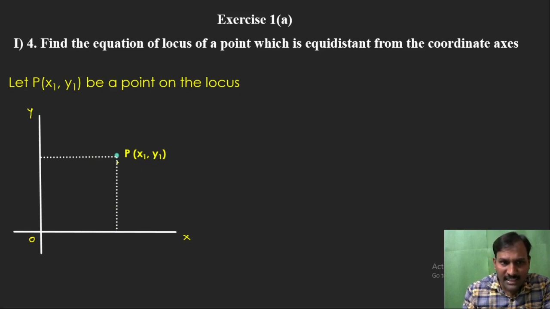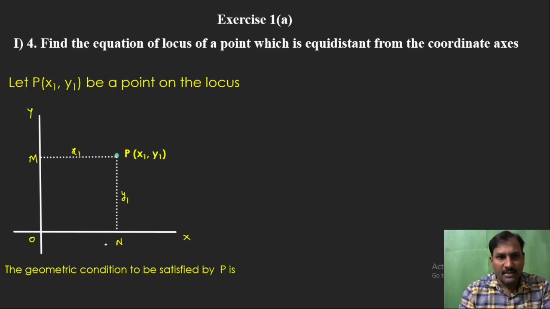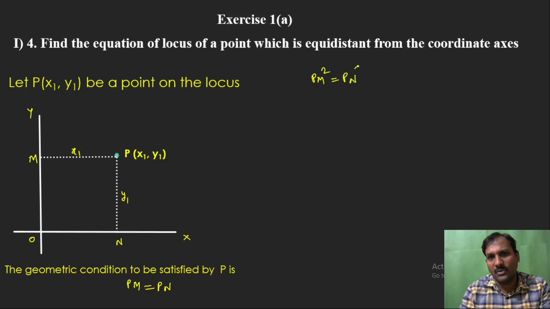So what is this distance? This is nothing but x1, and this is y1. Now consider these feet as M and N. Now M and N are equidistant from P, meaning can I say PM is equal to PN? Yes. So the condition is PM is equal to PN. So can I say PM square is equal to PN square?